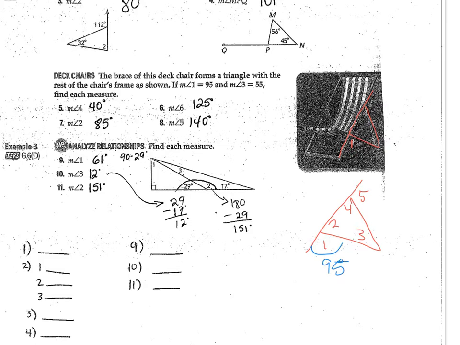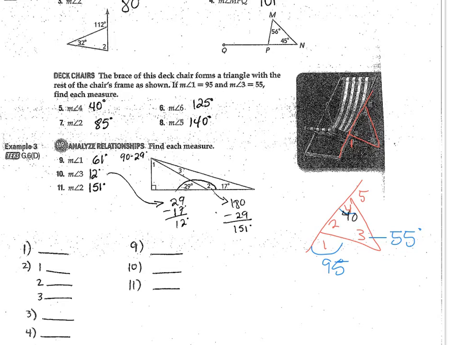And the measurement of angle 3 is 55. Since I'm looking for angle 4, angle 4 and 3 should add up to 95. So I subtract 55 from 95, and that gives me angle 4. And that's 40.